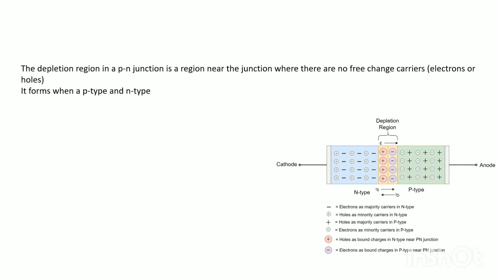As a result, the junction becomes depleted of carriers. No further current flows. This region of depleted carriers is referred to as a depletion region or layer.